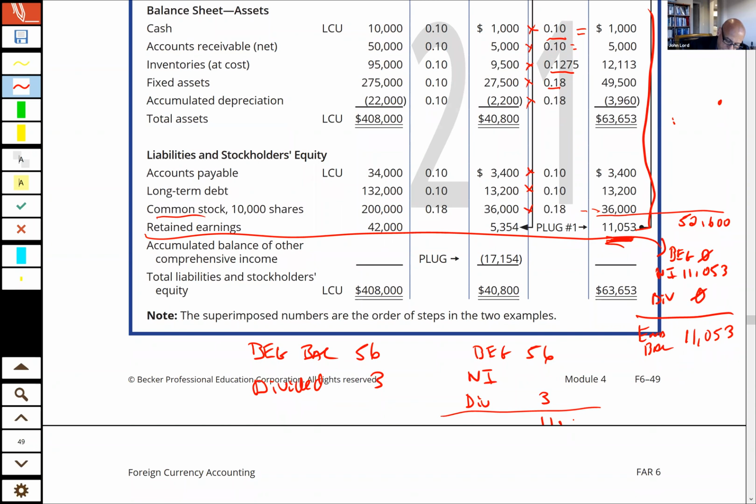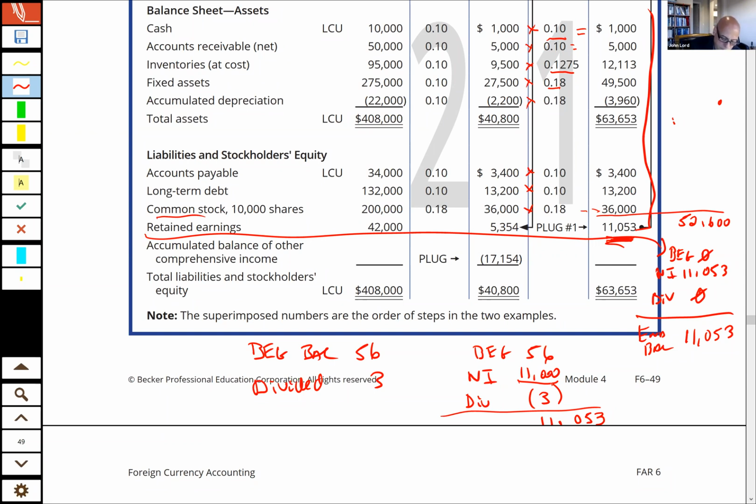If 11,053 has to be the ending balance in the retained earnings, that means my net income must be 11,000. So my plug wouldn't be 11,053. My plug would be 11,000, because I would already have a beginning balance in the retained earnings, and there would have been some dividends.